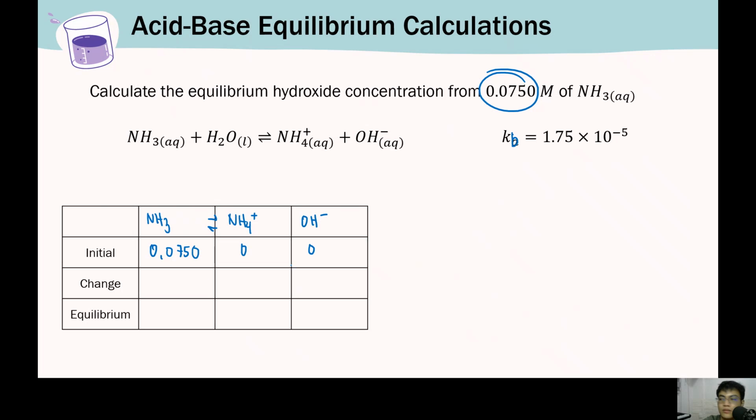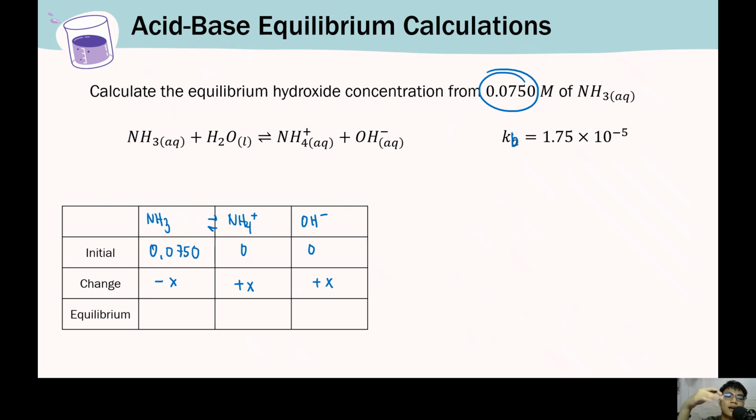So they are both 0. And whenever you have zeros, the direction of the reaction is going towards them. So that will be a positive change for ammonium ion, positive change for the hydroxide ion, and negative change for the ammonia.